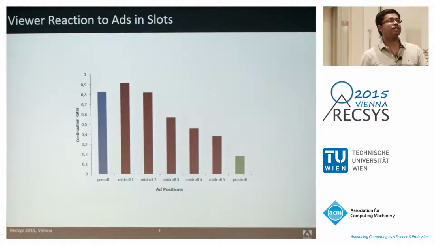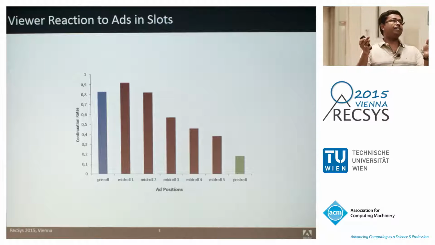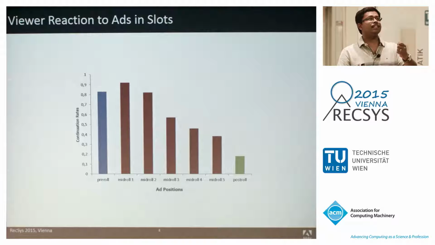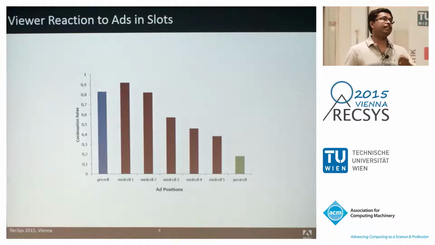So what is a continuation rate? If all users have seen 100 pre-rolls and they have exited on 80 of them, their continuation rate is only 20. So that is what we mean by continuation rate. The interesting feature of this graph is that pre-roll is actually less engaging than the first couple of mid-rolls.